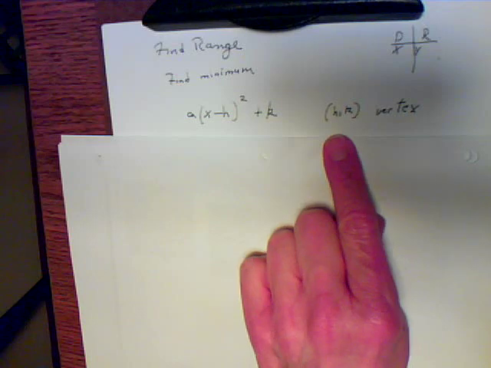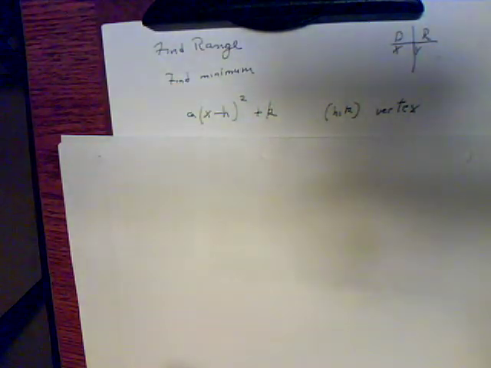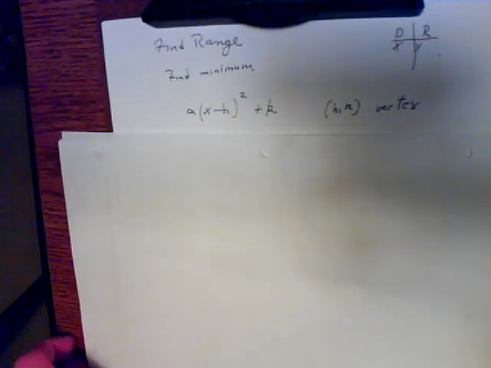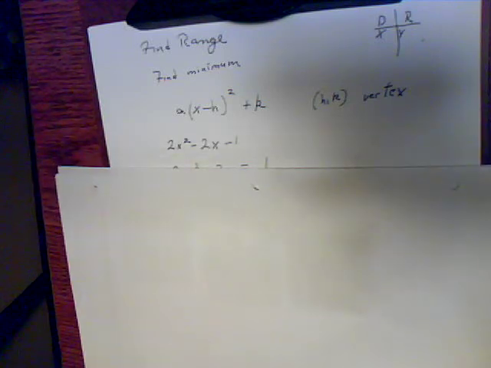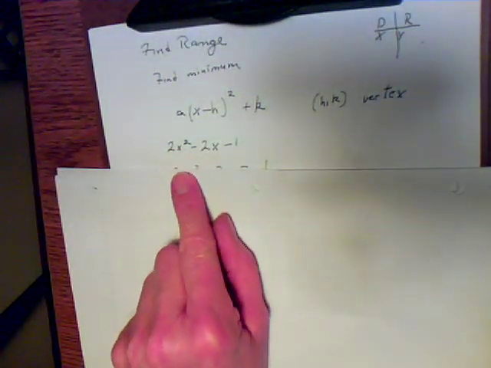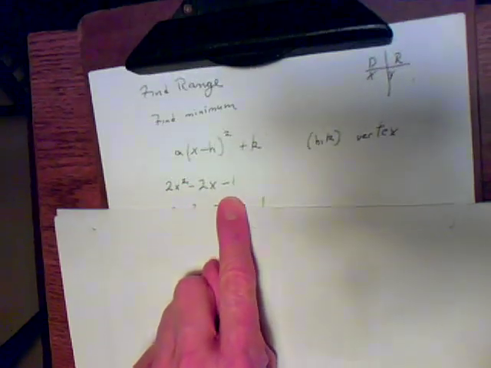Your vertex will equal h, k. And that's where it's going to be either your maximum or minimum. And here is your function, 2x squared minus 2x minus 1.